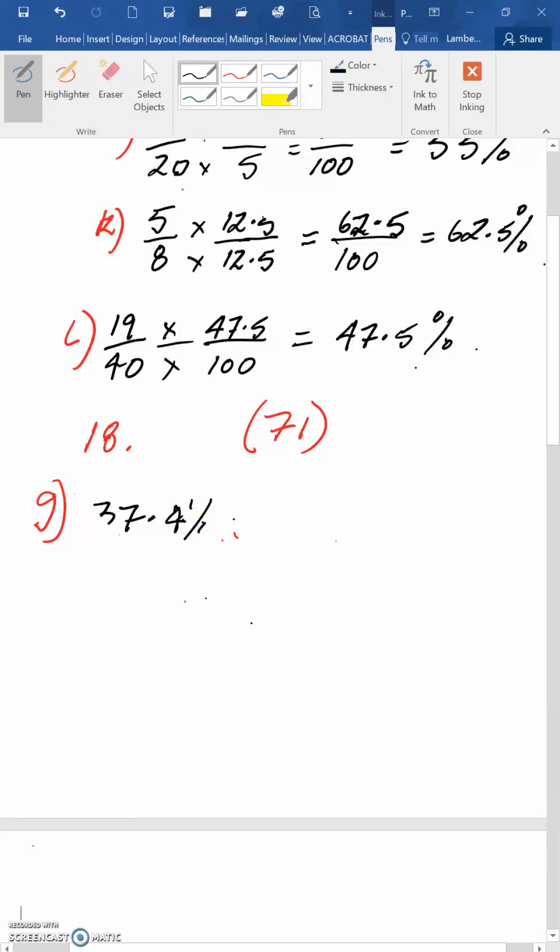37.4% plus 52.9% plus, or I should say minus 15.6%.